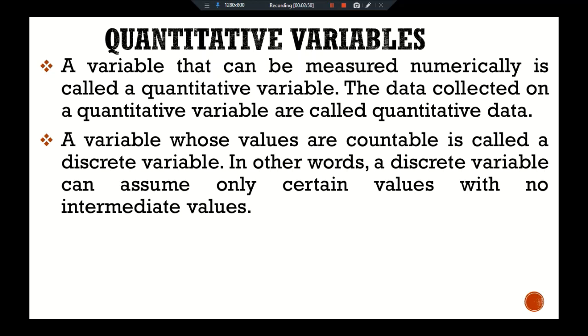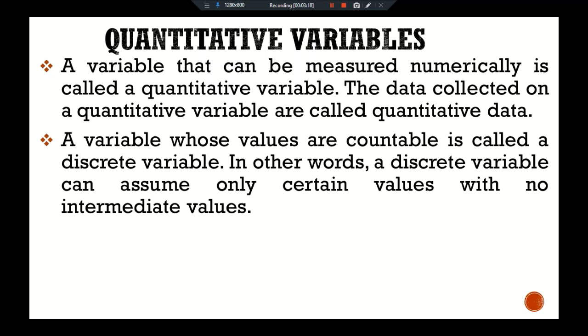The number of people visiting a bank on any day is also a discrete variable. The number of cars in a parking lot, the number of cattle owned by a farmer, and the number of students in a class are some other examples of discrete variables.